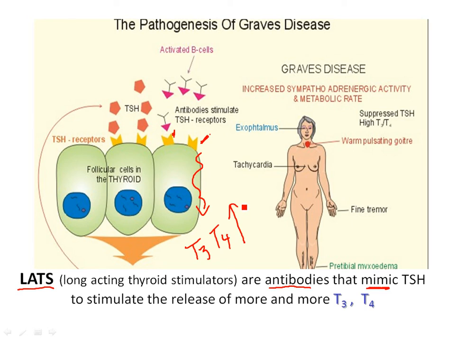All right? So you're going to get hyperthyroidism because these follicular cells are being stimulated. They think that TSH is telling them to release and produce more. So you end up getting a goiter because we keep getting stimulation to produce more, for the thyroid gland to get larger and larger.